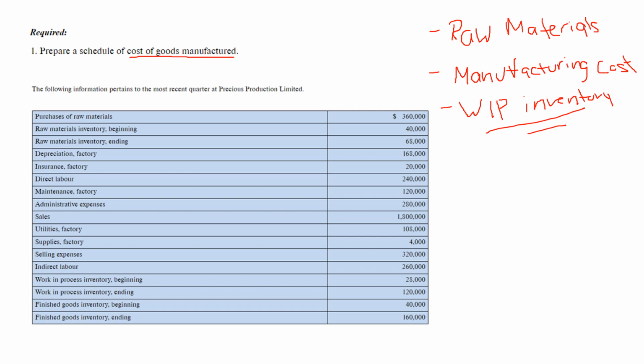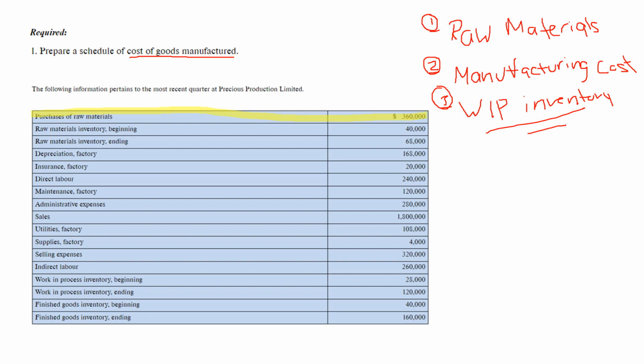So number one is the raw materials. Number two, manufacturing costs. Number three, work in progress. So for number one, raw materials, we're going to look at our information and pull out what we'll need. For the raw materials budget, purchases of raw materials, we're going to need to bring that over.